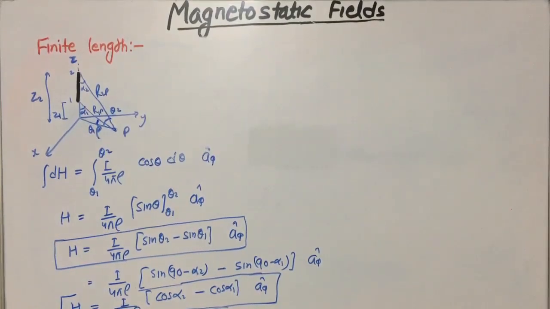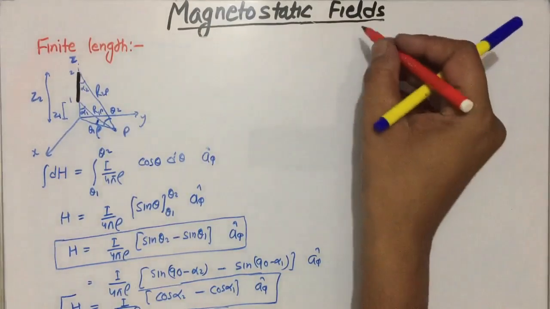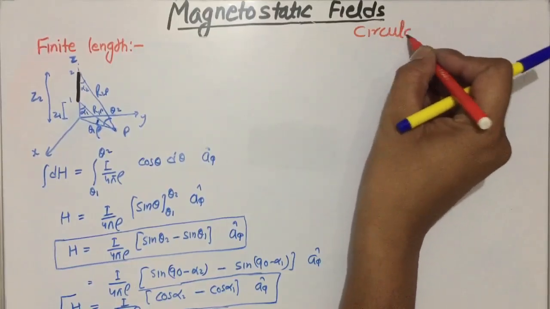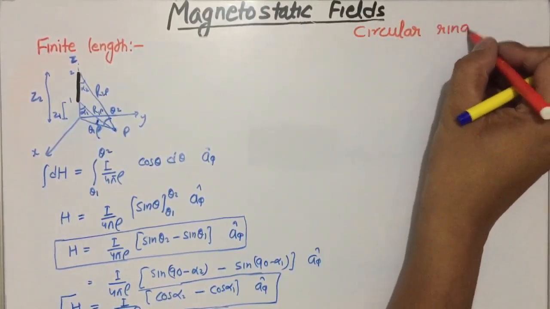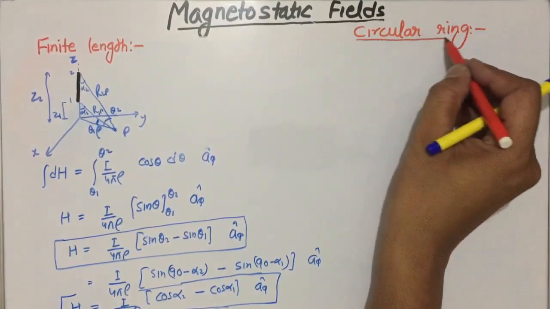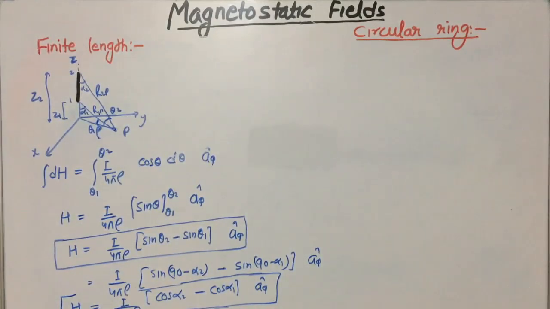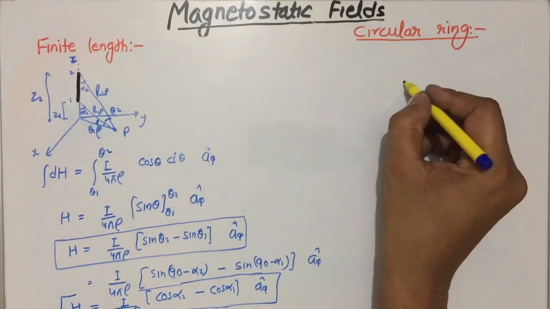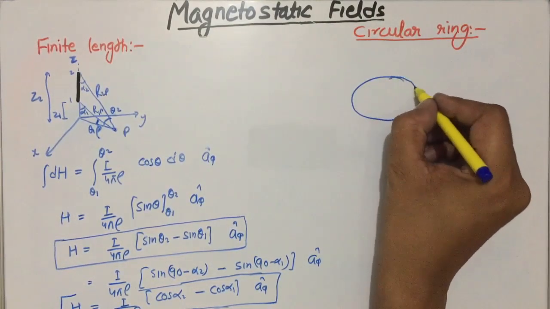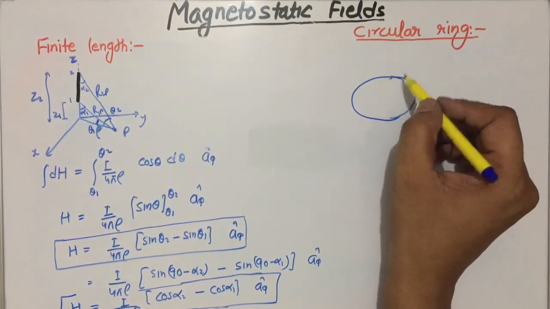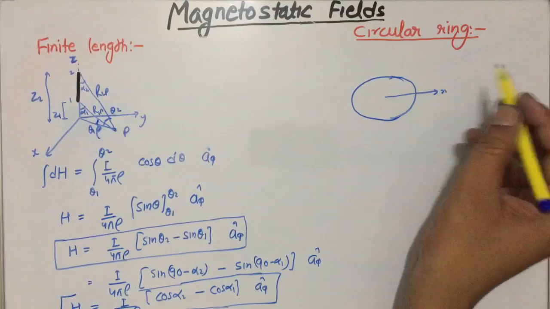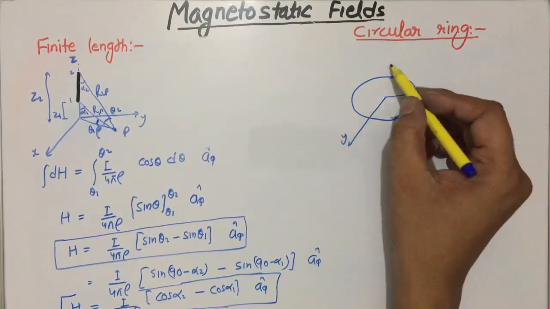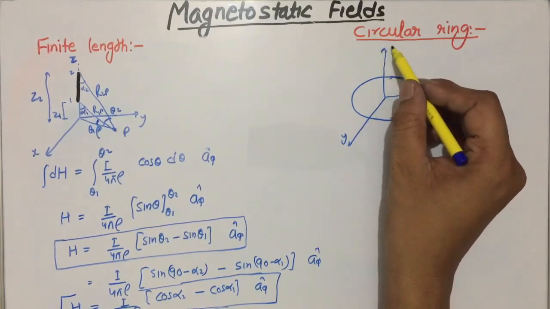Now take the circular ring. In that case, we will try to find the magnetic field intensity at any point. So let us consider this circular ring. The conductor is of this type, and similarly we can assume x, y and z.